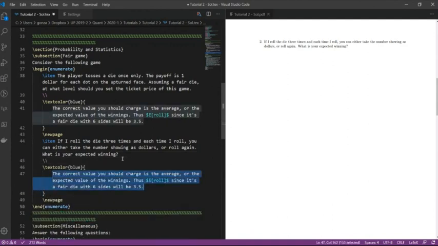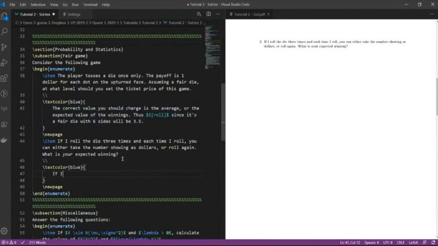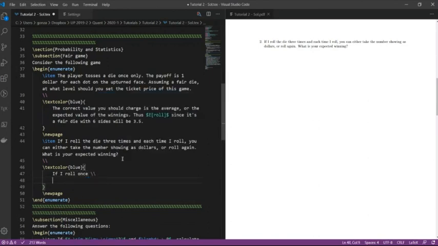The logic of this will be, if I roll once, then the expected value of my one roll, and this, what I'm doing right now, means sub-index.